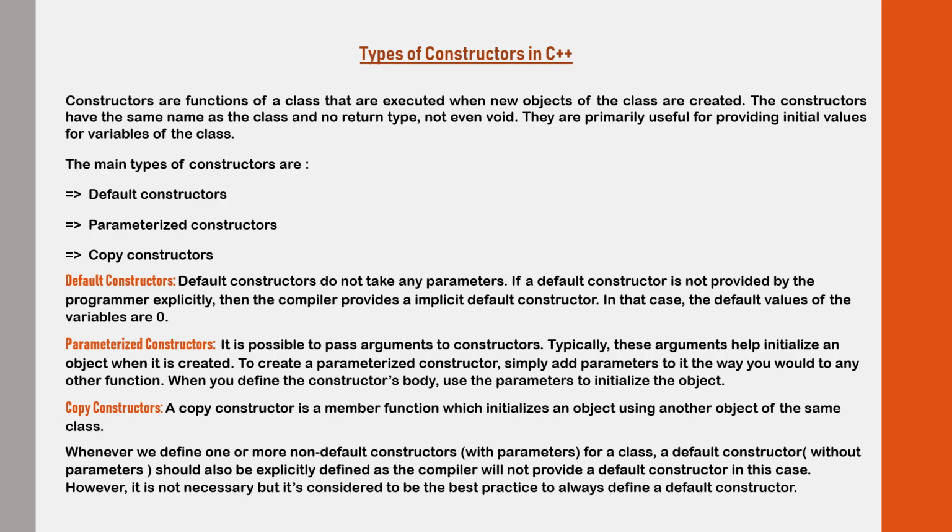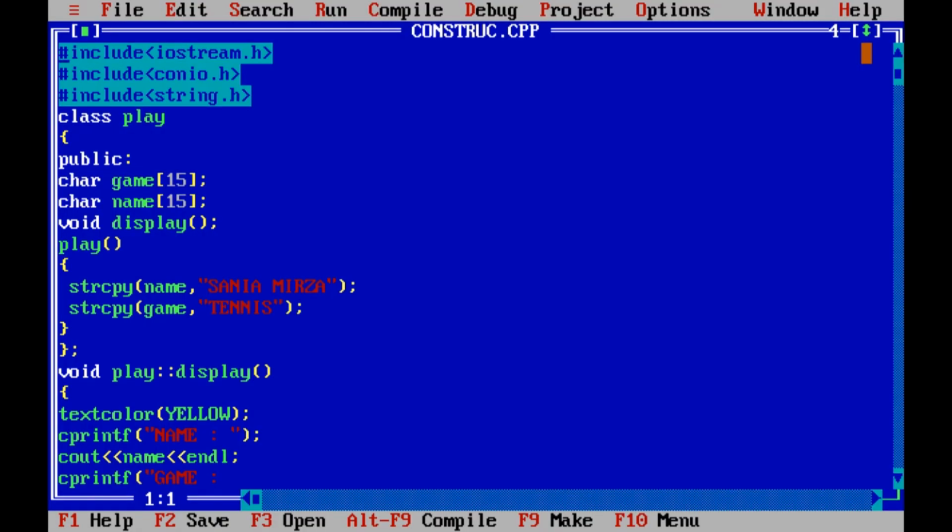In this program we have a constructor with no parameters, and we have discussed that when a constructor has no parameters, that is a default constructor.